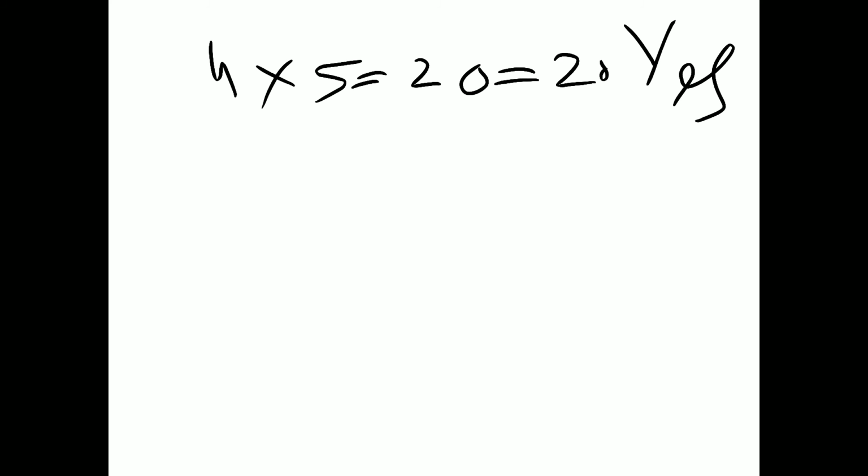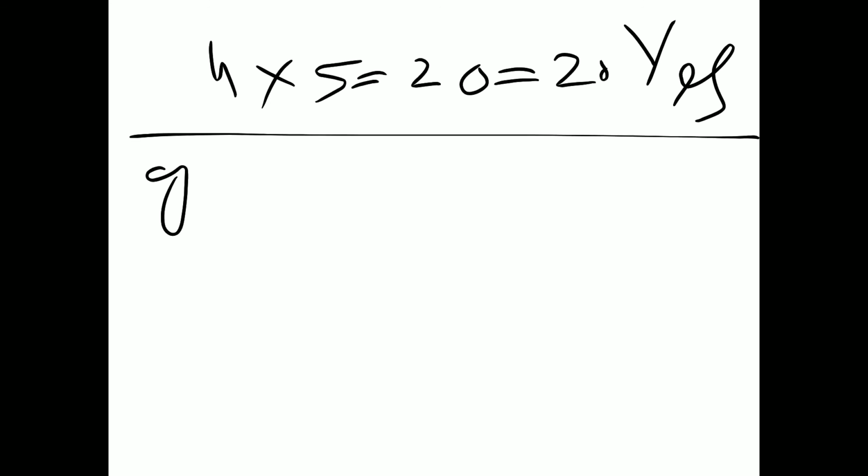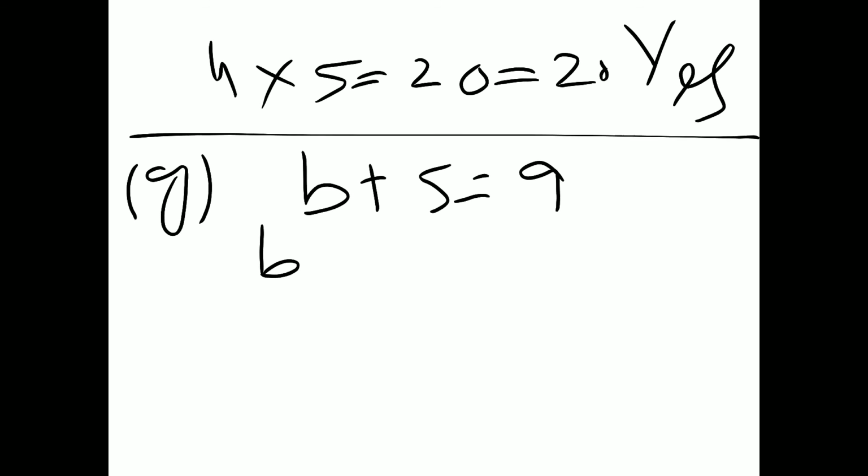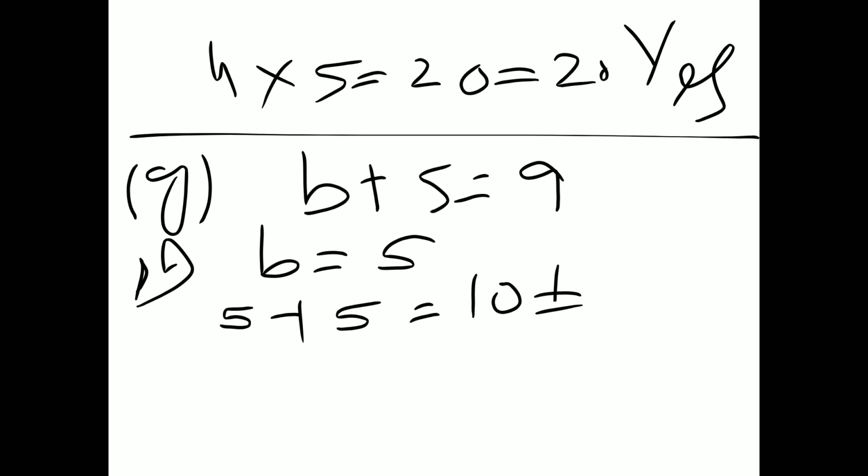Clear? Now we do G part. B plus 5 is equals to 9. Now put B is equals to 5. 5 plus 5 is equals to 10, which is not equals to 9, so the answer is no.